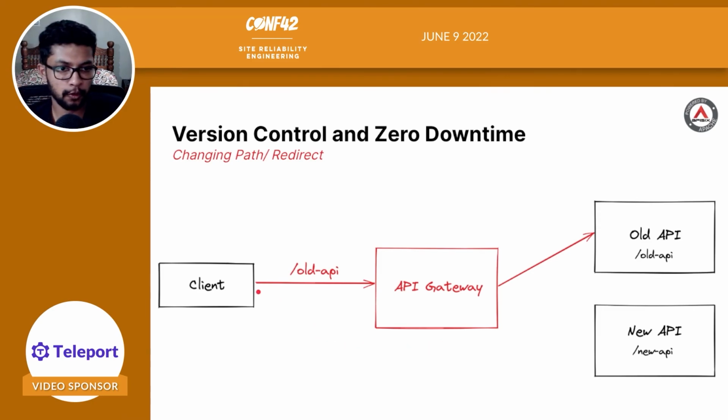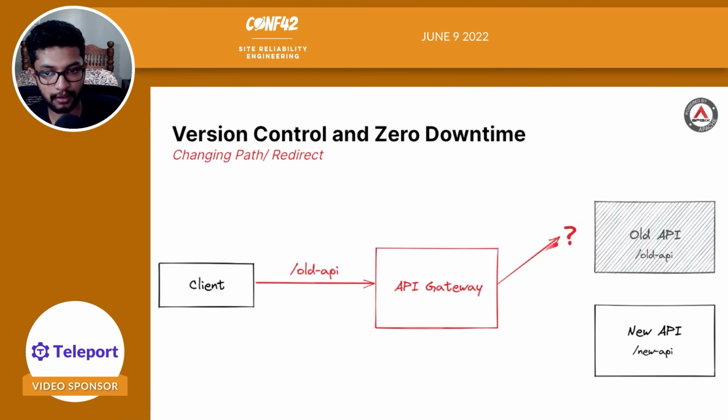So in your normal use case, when you are going to the old API path, the API gateway directs all traffic to your API endpoint, and when it is no longer there, what you can do is change the configuration of your API gateway to redirect traffic from this path to your new path. So every time the user goes to this particular endpoint, the API gateway is configured to redirect the user to the new API.